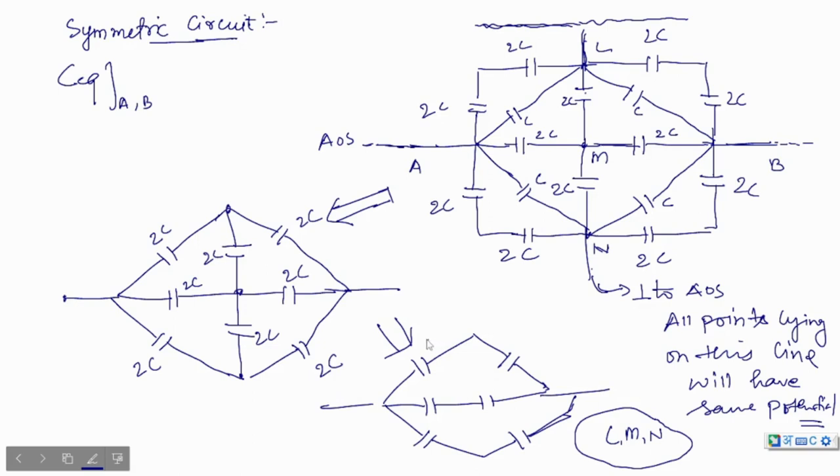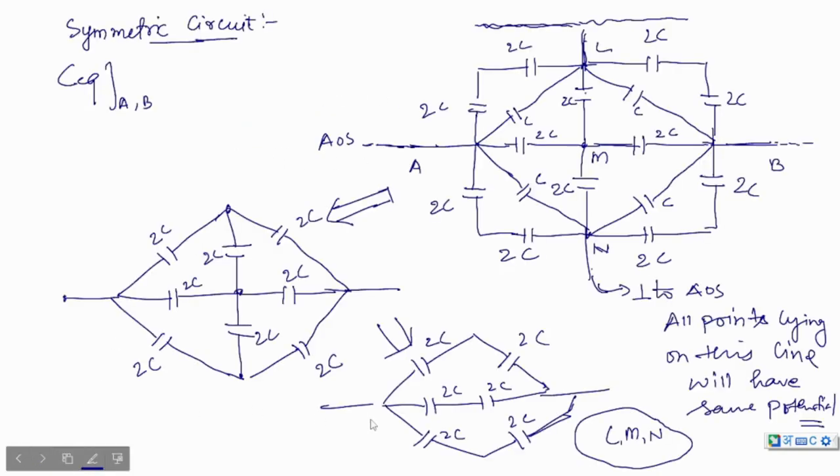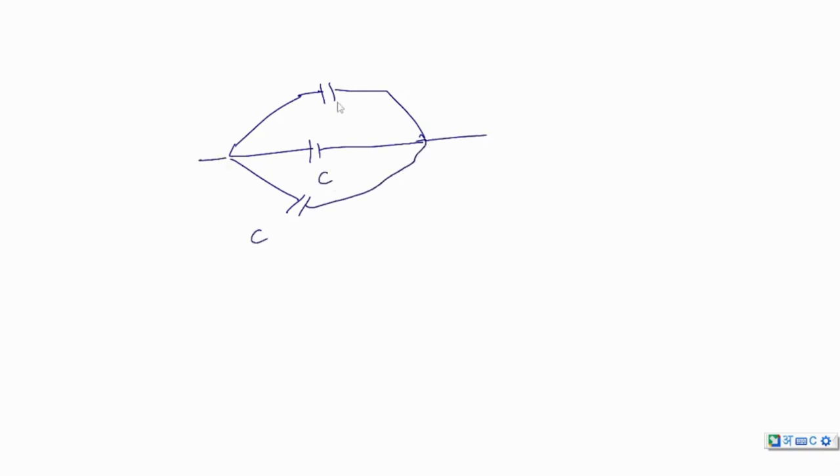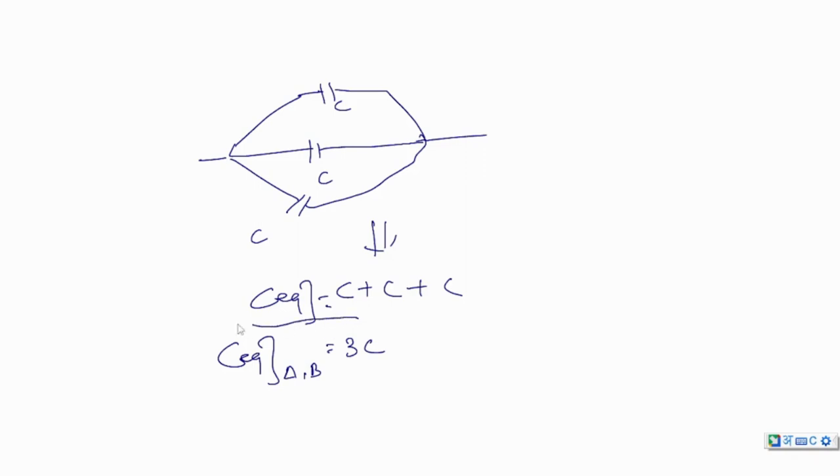Now what you are seeing here is 2C, 2C, 2C, 2C, 2C, 2C. This 2C and 2C are in series, so their equivalent will be C. Again this 2C and 2C are in series, so their equivalent will be C. The bottom ones are also in series, their equivalent will be C. Now the equivalent will be C plus C plus C, which is 3C, so the equivalent capacitance between A and B is 3C.